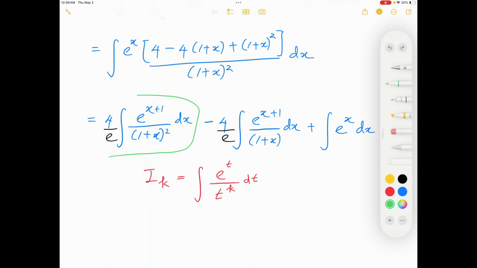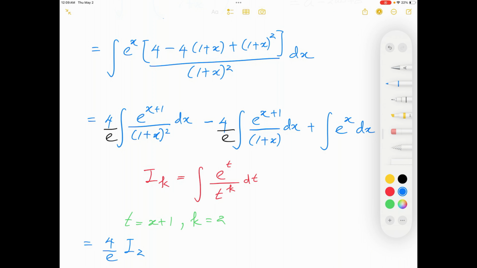Now pay attention to this integration. That integration has e raised to the x plus 1. Therefore, you can see t is equal to x plus 1. And what is the k? K is equal to 2. That is the exponent in the denominator function. With that identification, that first integral can be written as 4 divided by e times I sub 2.